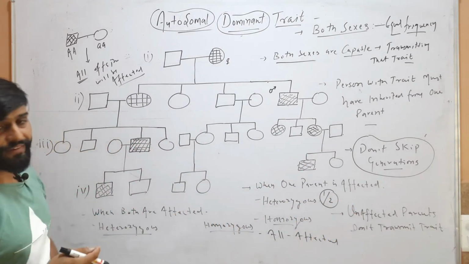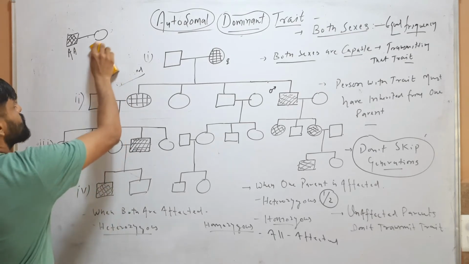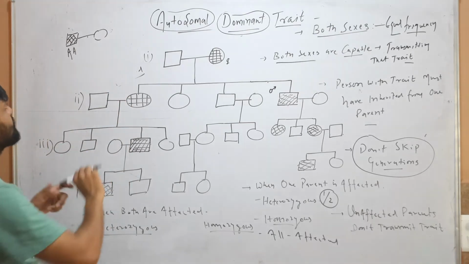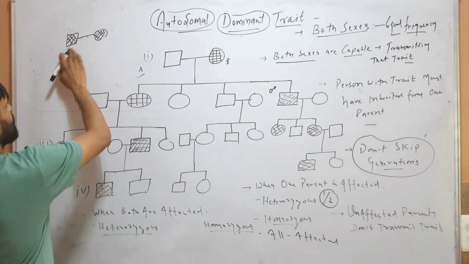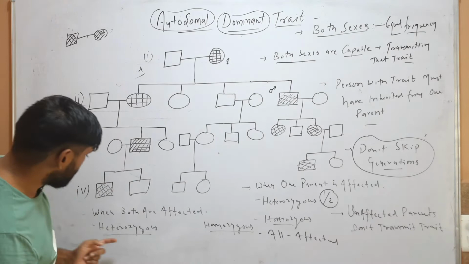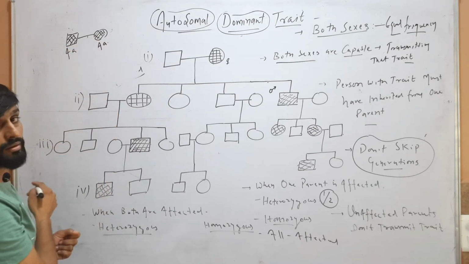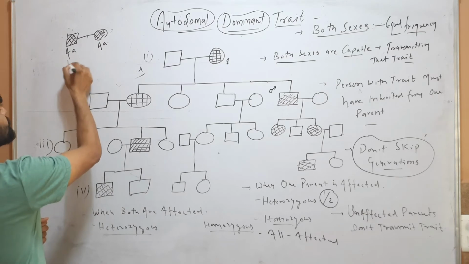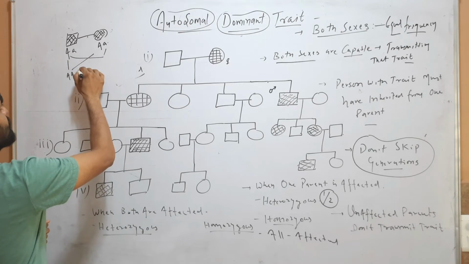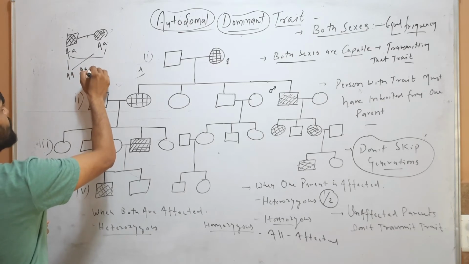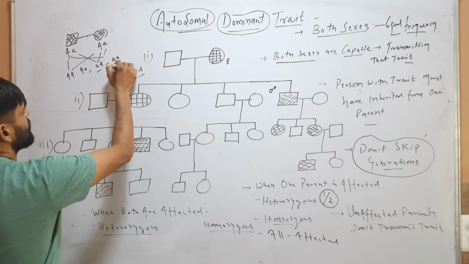When both parents are affected, suppose both of them are affected and both are heterozygous, capital A, small a. Then the offspring are capital A, capital A, capital A, small a, small a, capital A, and small a, small a.